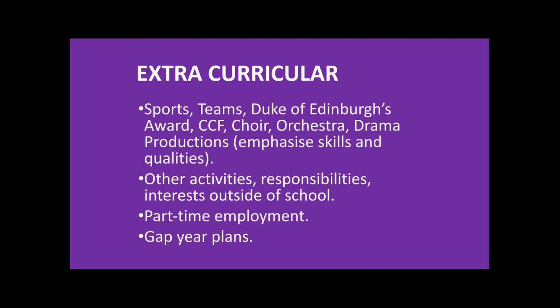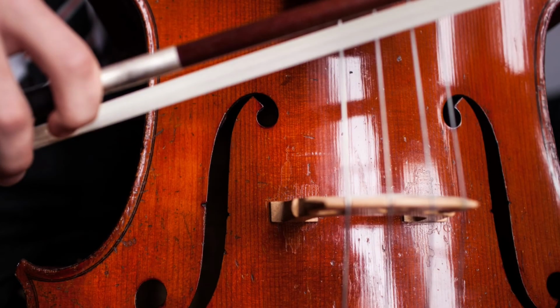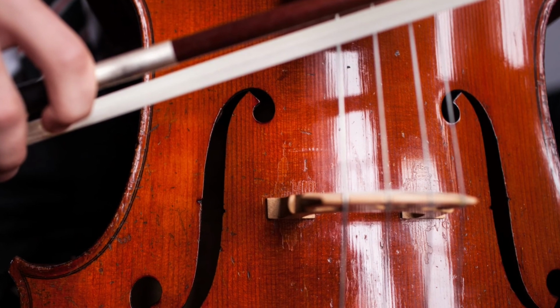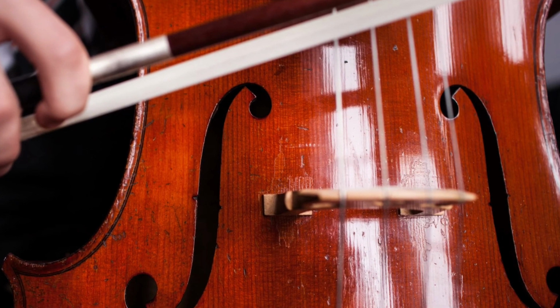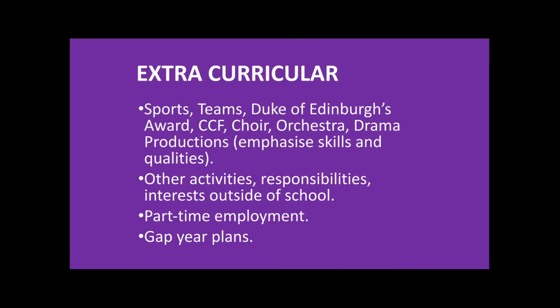Mention things like scholarships and awards, your work as a peer mentor, participation in sport or other teams such as debating. Participation in the orchestra or drama productions could also be something to mention here, as well as CCF or completion of a Duke of Edinburgh award.